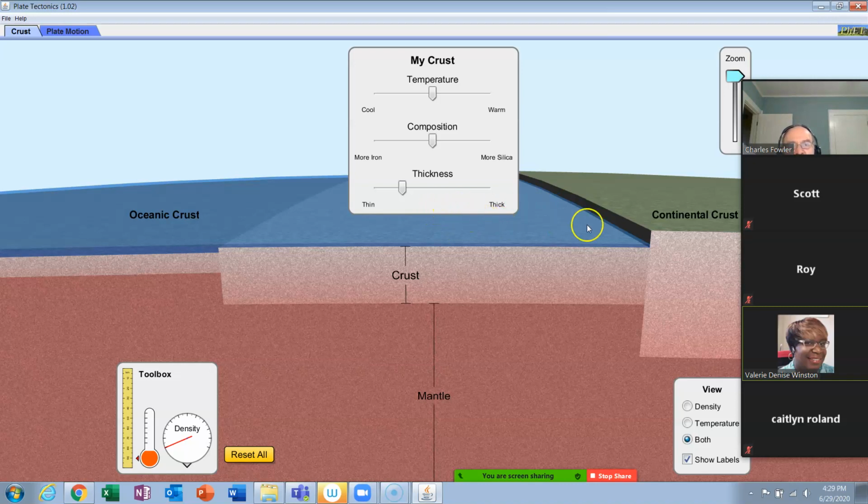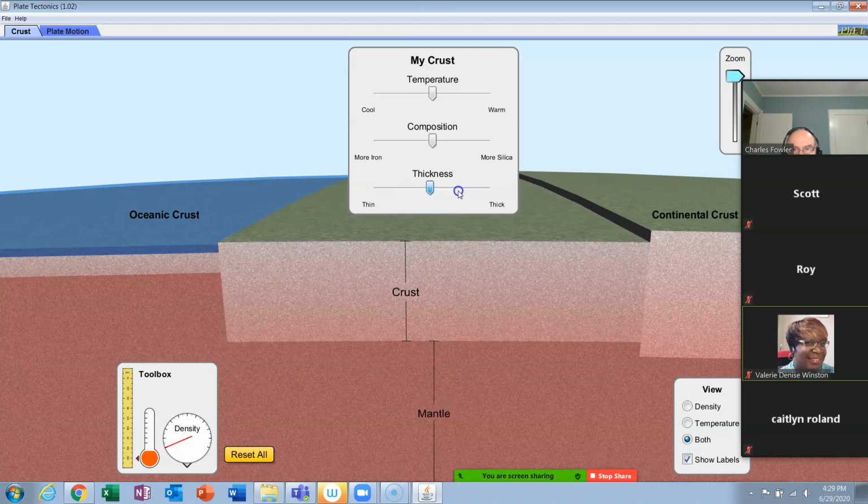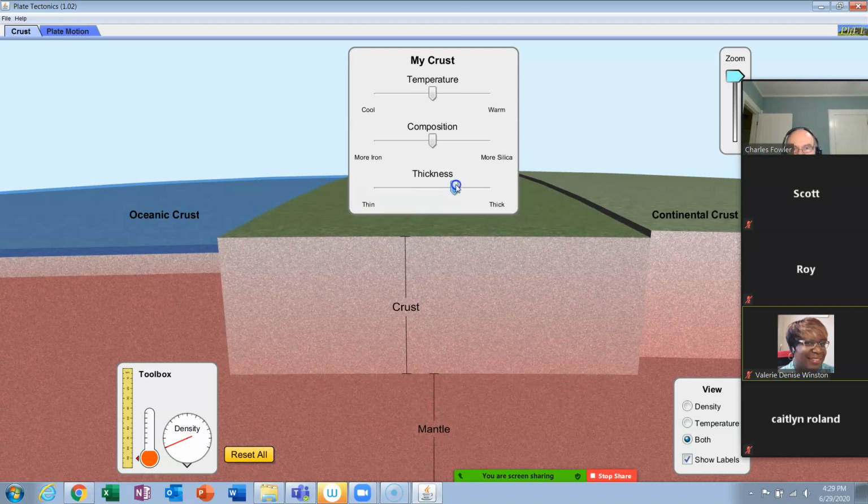Okay, so we're going to start with the continental crust. So what I'm going to do is increase the thickness. So I have to put my tab on that and move it over, and you see it's making my crust, which is the one here, thicker. Whoops, whoops, whoops, whoops. Too thick. Okay, whoops.